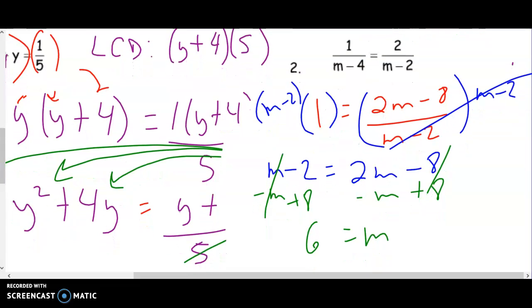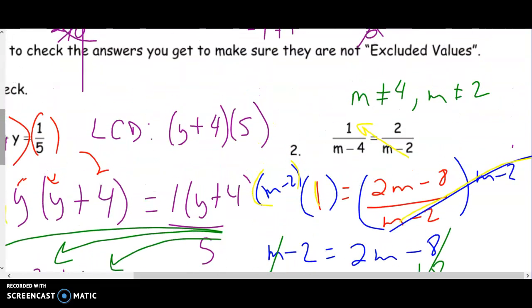So let's see. So m minus 2 times 1 is what happened. Here it is, m minus 2 times 1. When I did it on the right, it just canceled. On the second part, I'm sorry, on the first part, we'll multiply by m minus 4. And again, it canceled here, and it just multiplied to this other guy.